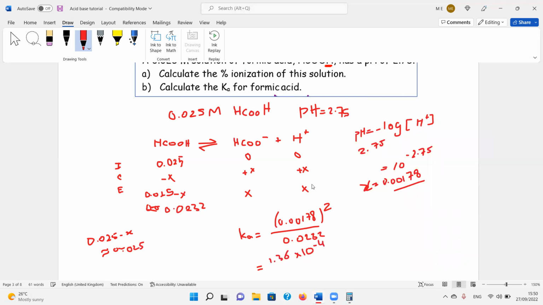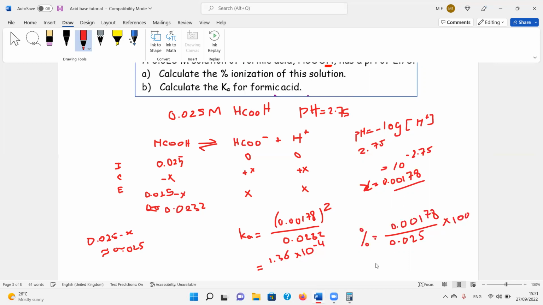And the x here is the amount dissociated, which is this divided by the initial volume. So the percentage of dissociation is this x here, in the case of H plus. So this is 0.00178 divided by the initial concentration, which is 0.025, times 100.